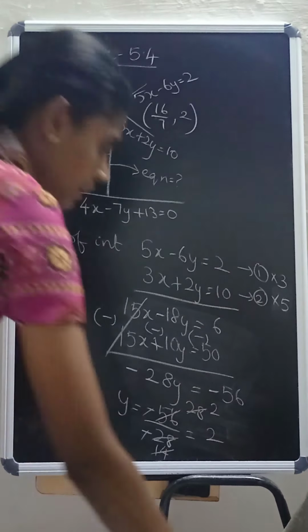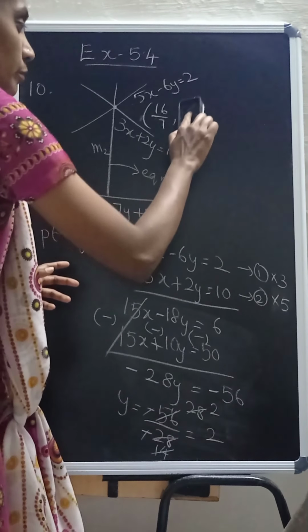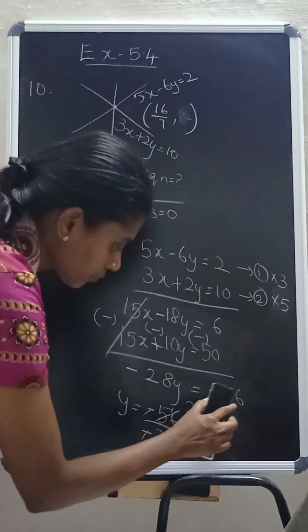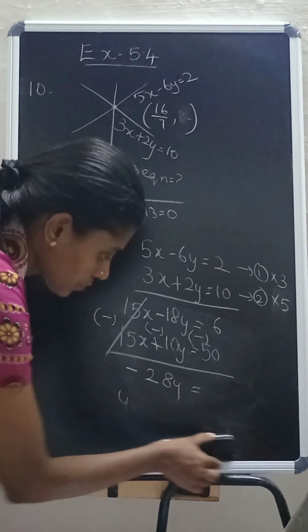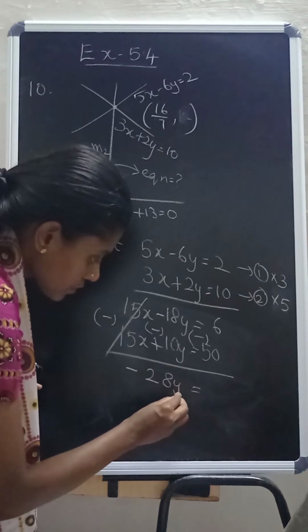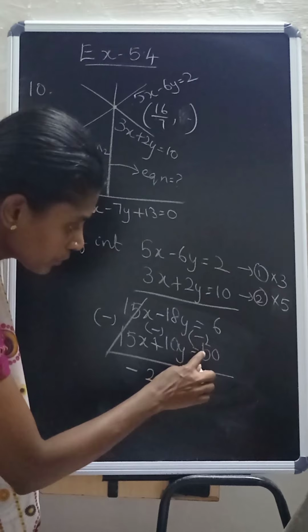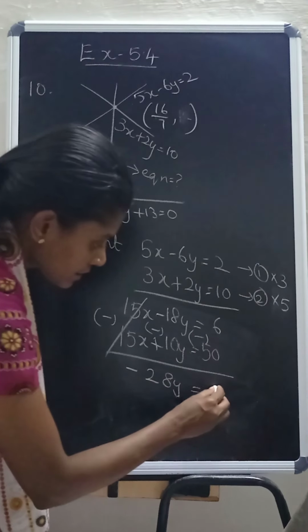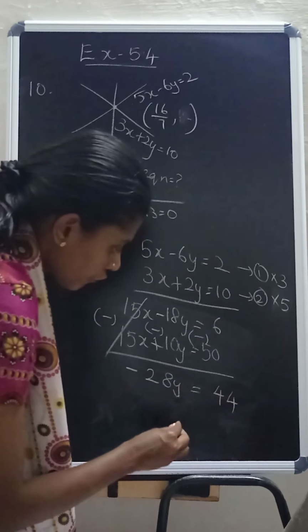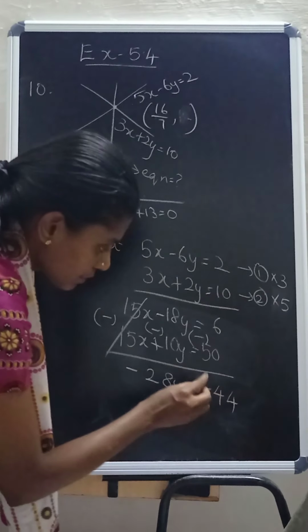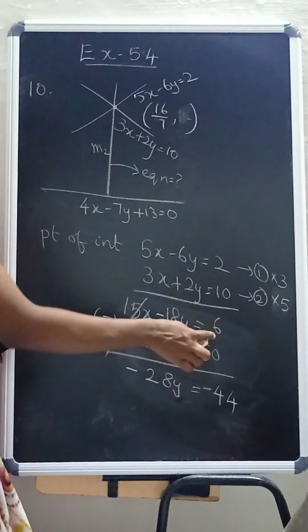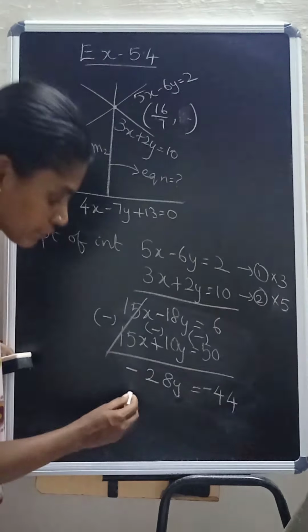Please make a small correction over here. Y value is not 2. So 28y is equal to 50 minus 6, and the greater number sign is minus. Here plus minus will be minus, so 50 minus 6 is minus 44.